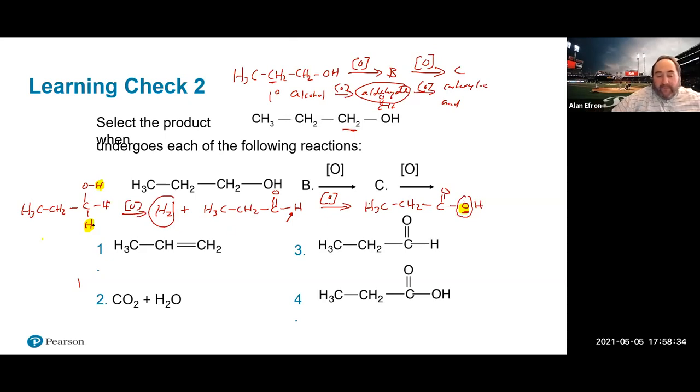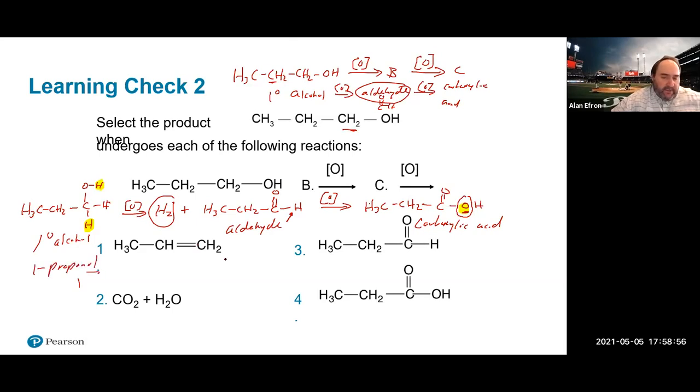Obviously, we come here from our primary alcohol to our aldehyde to our carboxylic acid. This is 1, 2, 3. This is 1-propanol, the alcohol.